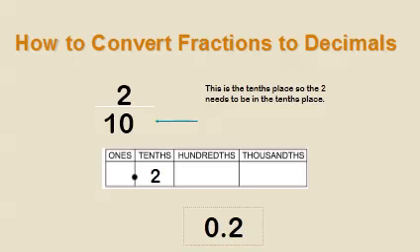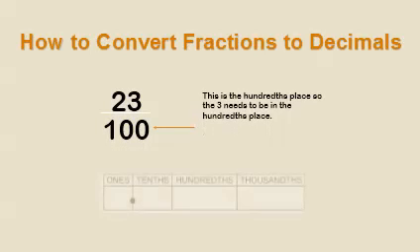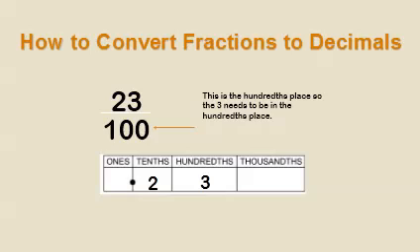Let us see this one. Here we have 23 over 100, which means we have 2 in the tenths and 3 in the hundredths, so this number is 0.23. So as many zeros as you have in the denominator, you'll have that many digits in the decimal part.